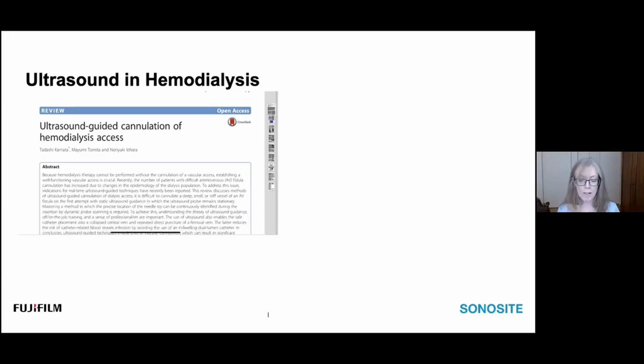This first one is by Kamada et al., and it essentially goes over why ultrasound should be used. It states that patients presenting in our dialysis units are presenting with more complex vascular accesses. And that's happening mostly because individuals with pre-existing comorbid conditions are living longer with those conditions. And when they present for creation of a vascular access, their vessels might just barely meet the guidelines for creation of that access.